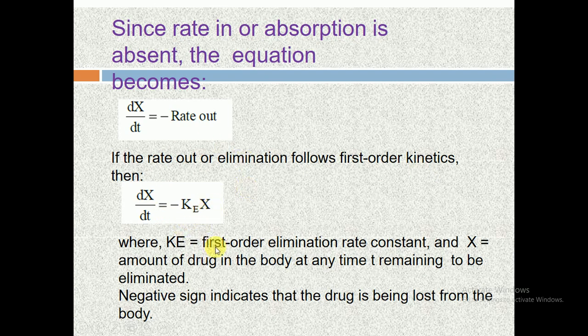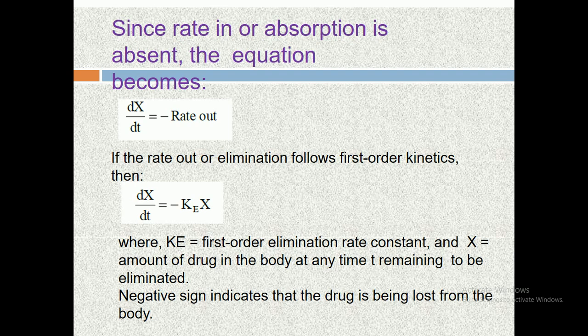Here Ke is the first order elimination rate constant, which we have already discussed. The rate depends on the concentration of the drug: the greater the concentration of the drug, the more drug will be eliminated from your body.